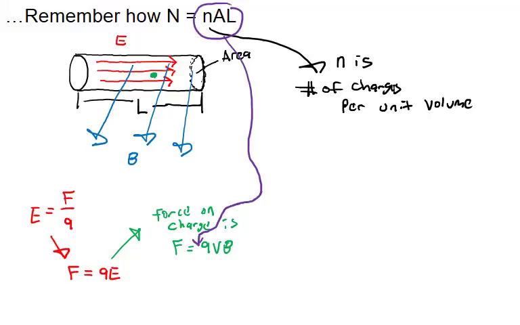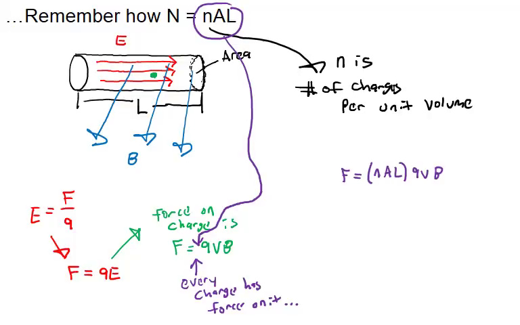And if we have however many charges there, times the area times the length, every charge has a force on it, right? And so every single charge that you have in there is going to have a force on it according to the magnetic field that could be going through it, right?